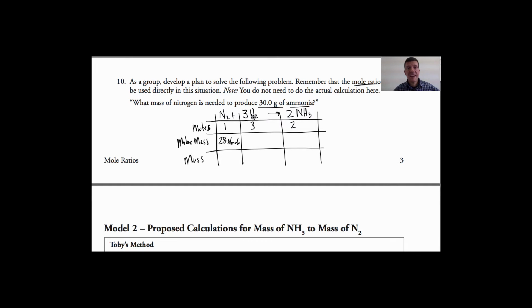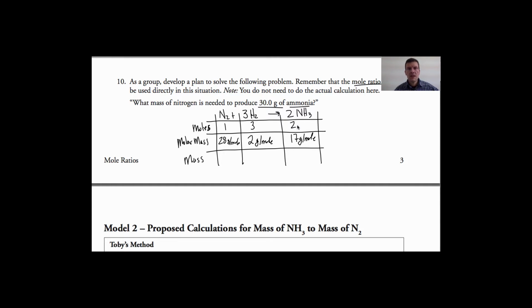Hydrogen has a molar mass of 1, but it's H2, so 2 grams per mole. NH3, nitrogen and 3 hydrogens, that's 14 plus 3, that's 17 grams per mole.